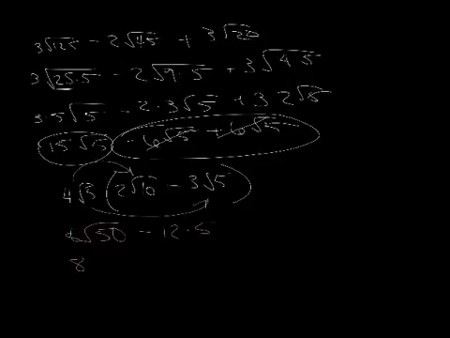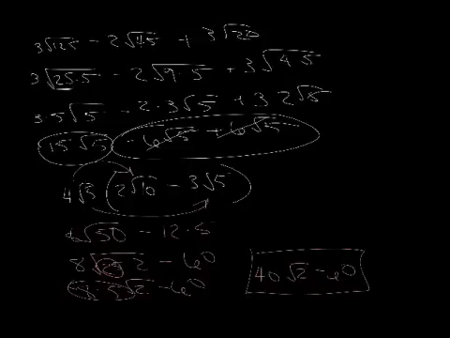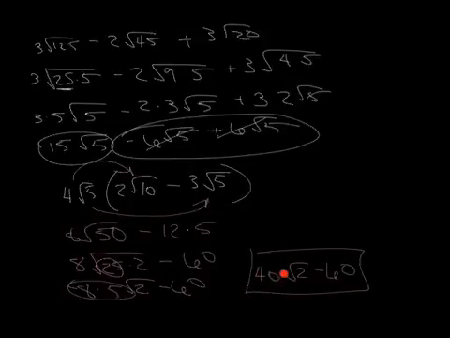So we get 8, and again, remember, break it down into two terms where you can take the square root of one of them. Square root of 25 is 5, so we pull that out. That's going to give me 40. And that is all I can do. I can't combine this with this because I don't have a square root of 2 over here, so you can't combine those.